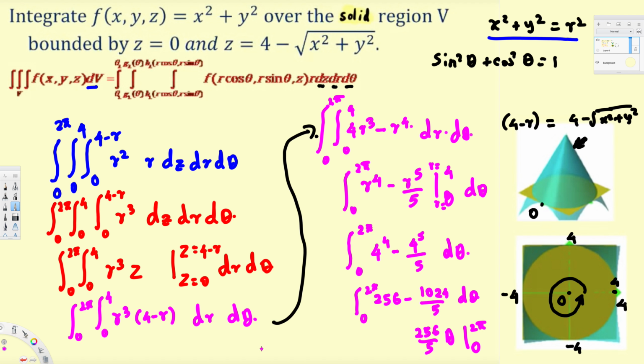If we plug this in, we have 256 divided by 5, and instead of theta we plug 2 pi minus 0, so 0 is not going to do anything, and if we multiply this one by 2 pi, finally we will end up with 512 pi divided by 5. So the final answer for this question is 512 pi divided by 5, and that's going to be the triple integration of this function, and that's how we do it.